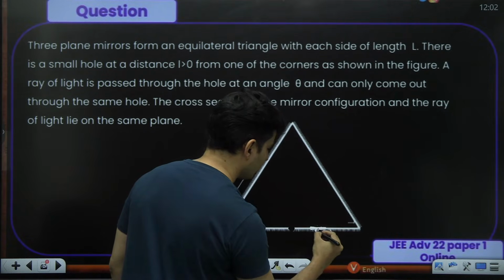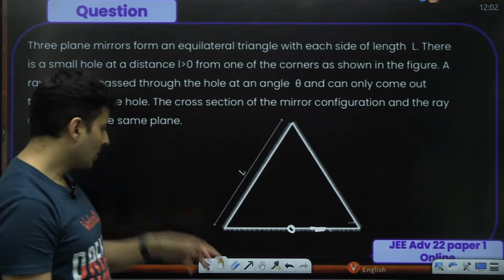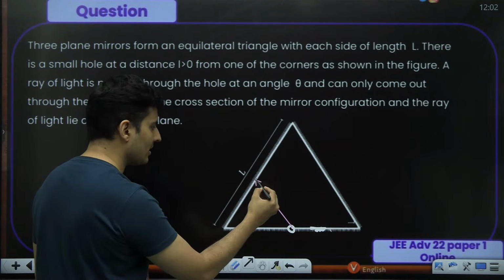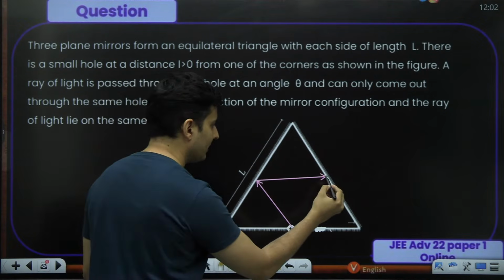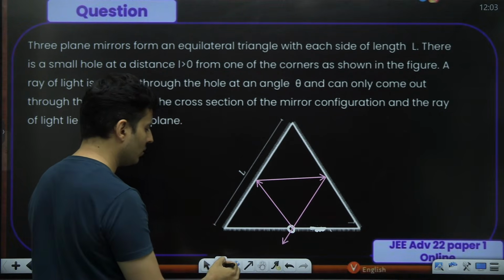So how can the light exactly go? I think if it goes here, reflects like this, and then reflects like this, it will be able to come out after 2 reflections.